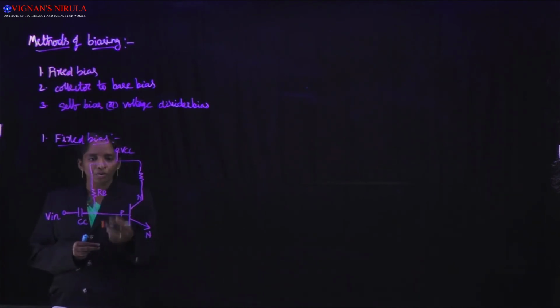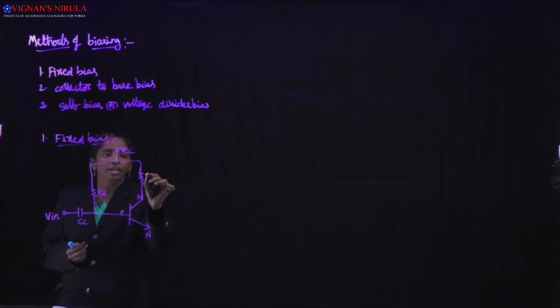So if we use the coupling capacitor at the input of the transistor, it blocks the DC and allows only AC, so it avoids shifting of the operating point due to the input signal. That's why we use the coupling capacitor CC, and the resistor connected between supply voltage VCC and the base of the transistor is known as the base resistor.